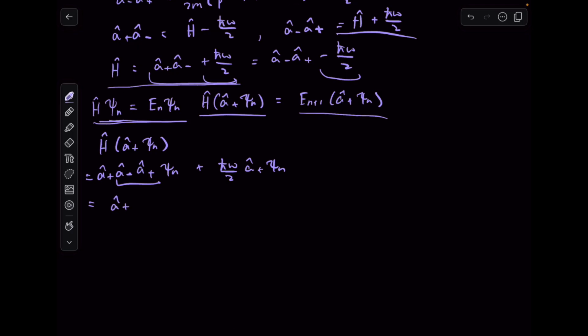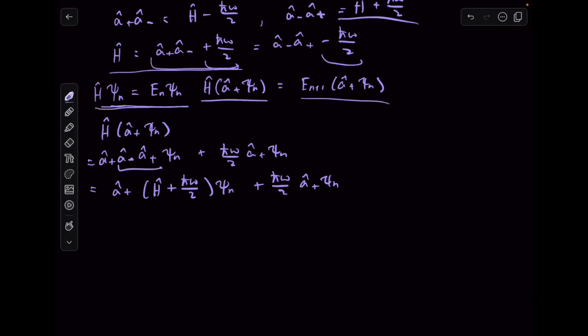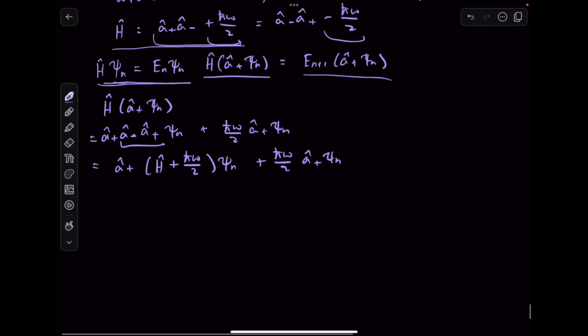So we have, and this is equal to, these two h bar omega over 2 terms are just going to combine.